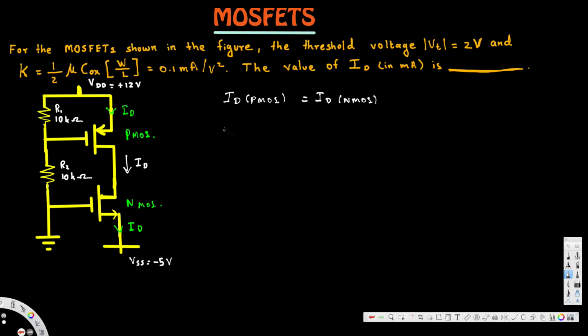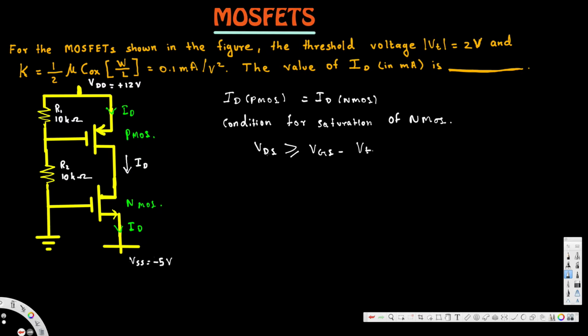Now in order for an N MOSFET to be in the saturation region, let's look at the condition for saturation of an N MOSFET: VDS must be greater than or equal to VGS minus V threshold.